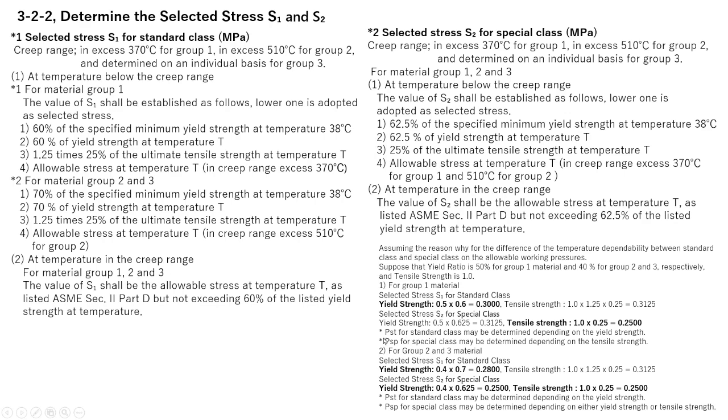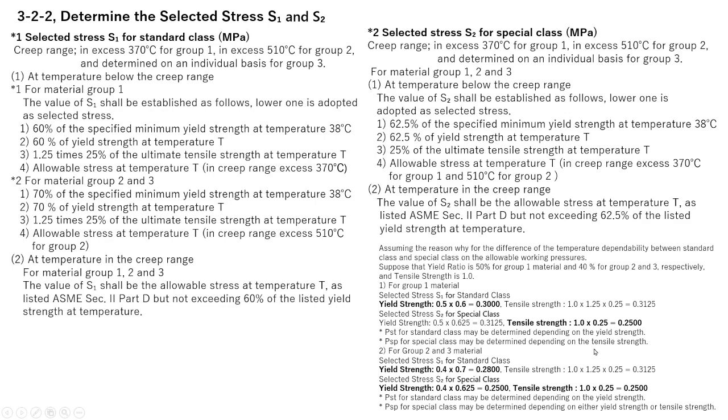So PST, the calculated working pressure for the standard class, may be determined depending on the yield strength here. PSP, the calculated working pressure for the special class, may be determined depending on the tensile strength here.